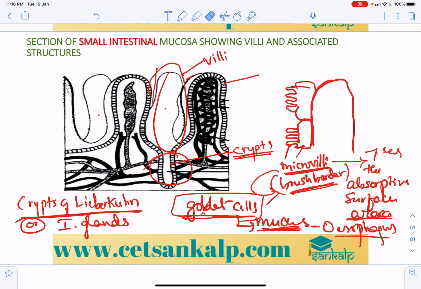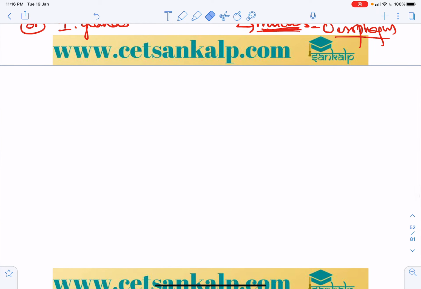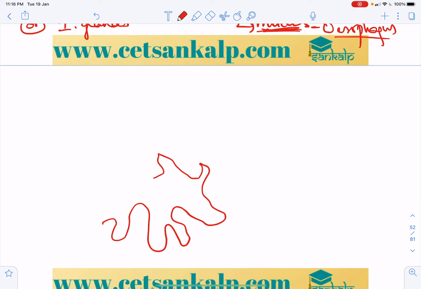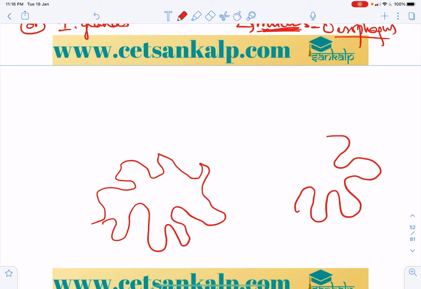Now, the stomach: in the stomach, the mucosal lining has irregular folds, not finger-like projections, not with a particular pattern, whereas in the small intestine we can see finger-like projections towards the lumen, that is what we call villi.